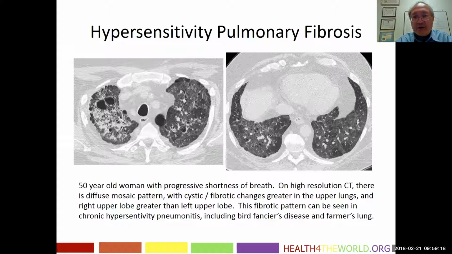And this is a typical example of hypersensitivity chronic pulmonary fibrosis. Now, it's a pretty big category. When we talk about hypersensitivity, it includes more specific entities such as bird fancier's disease, farmer's lung, and other irritants that can be inhaled and cause reactions in our lung.